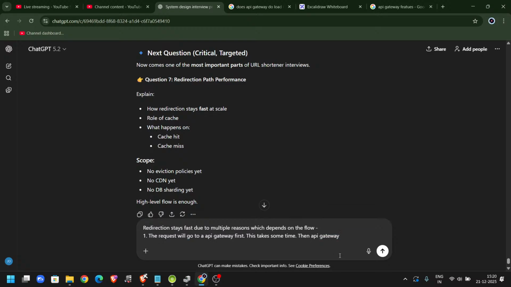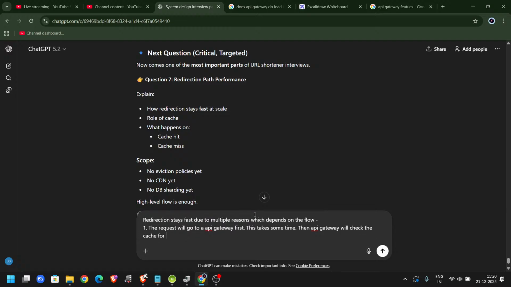Okay, so the API gateway will check the cache for the original long URL. If it finds it, good, that should be really fast.